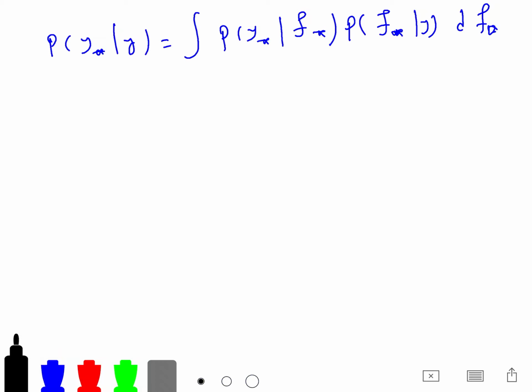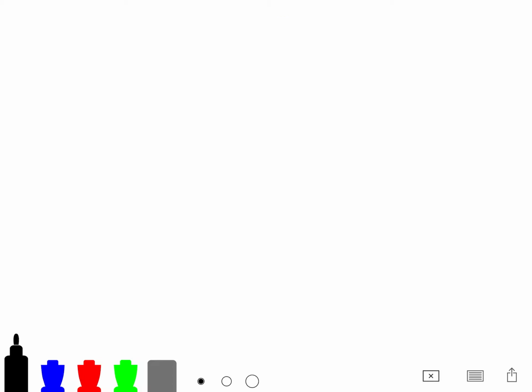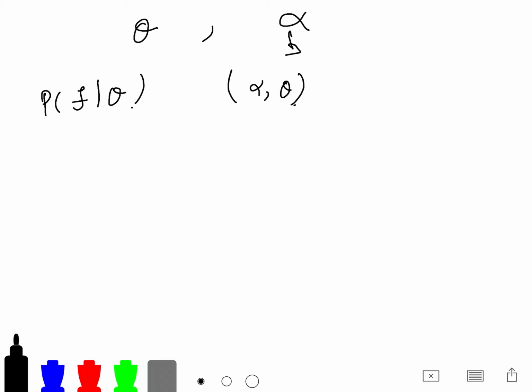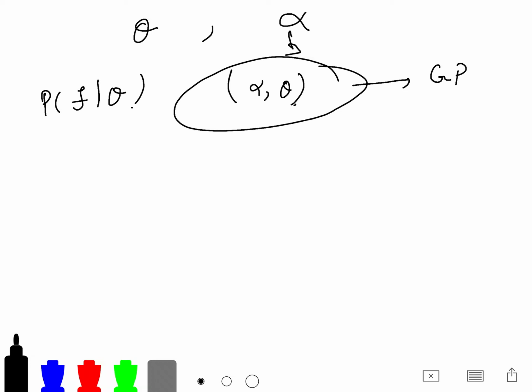Okay, so the posterior Gaussian process depends on the values of the kernel parameters theta, as well as the likelihood parameters alpha. This is related to the noise variance. So the GP prior P of f conditioned on theta. So this alpha and theta are hyperparameters of the Gaussian process model.